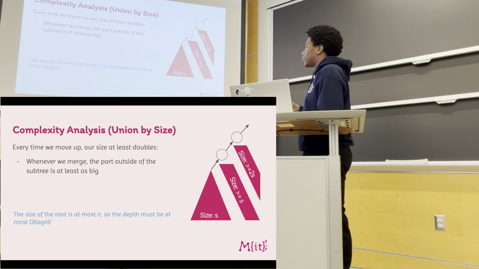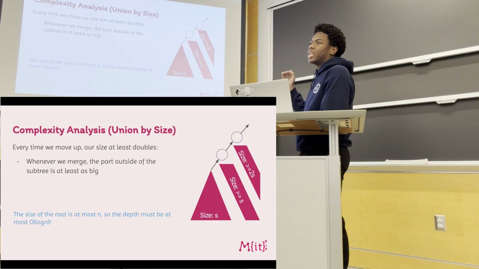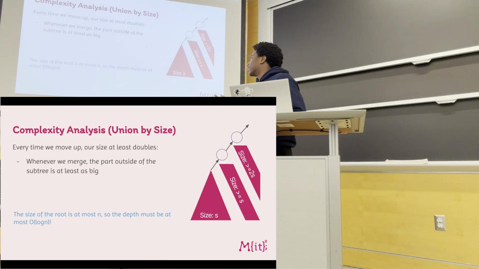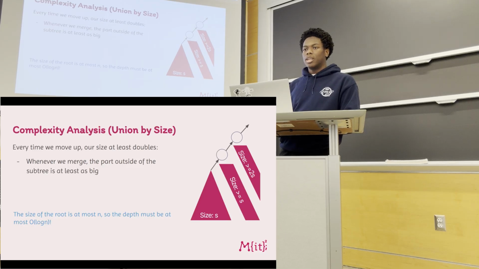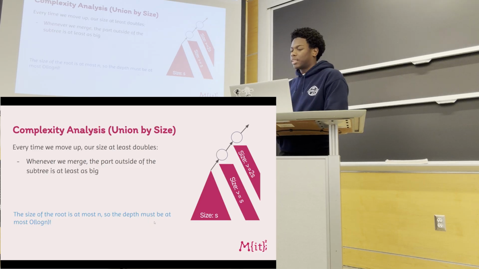So intuitively, you get a doubling of tree size as you increase the depth, which means you have a logarithmic depth with the size of the tree. Since the depth is log n, when you run the path compression in the find algorithm, you only have to look at a logarithmic number of vertices, which improves our running time from O of n to O of log n. And it was only 3 additional lines for the union by size.